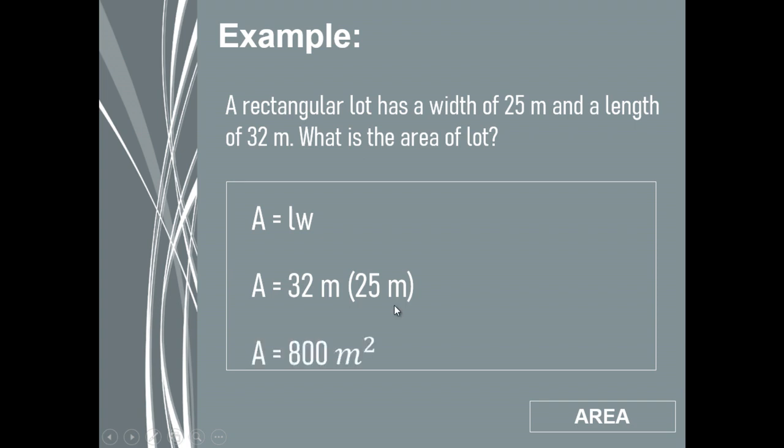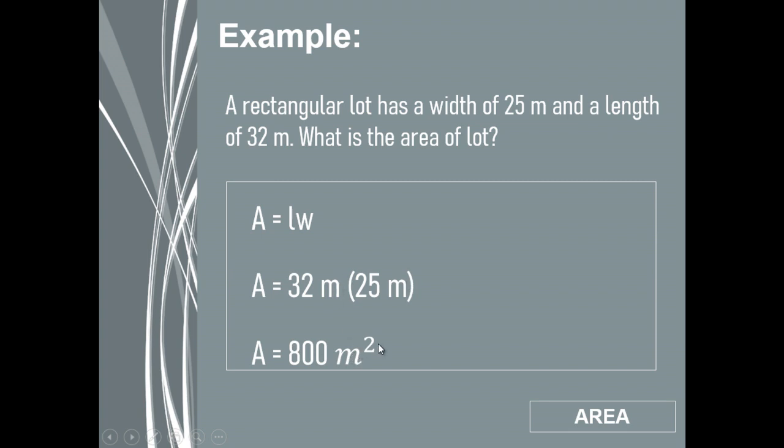Okay? So, area equals 800, and take note, the unit is expressed in squared unit. The unit is meter, multiplied twice becomes meter squared.